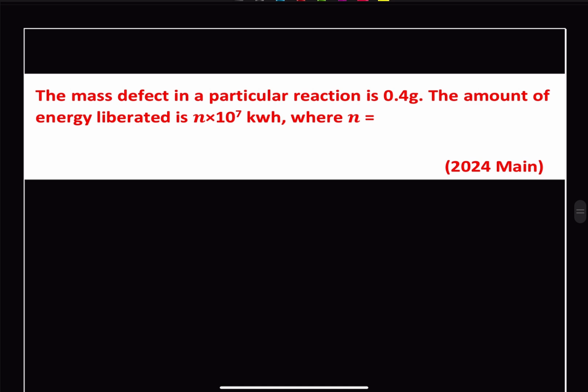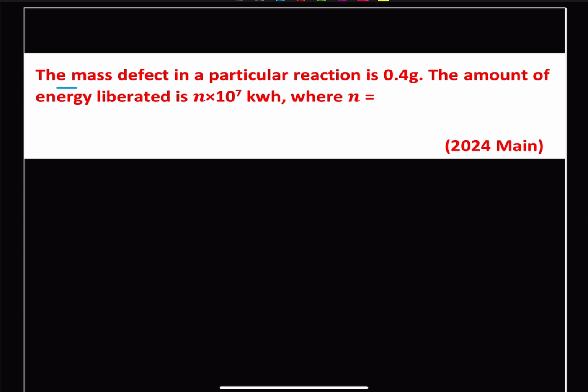It states that the mass defect in a particular reaction is 0.4 gram. The amount of energy liberated is 9 into 10 to the power 7 kilowatt hour when n is equal to. So we have to find out the value of n, or basically we have to find out our energy, make a comparison with the given energy value or formula.